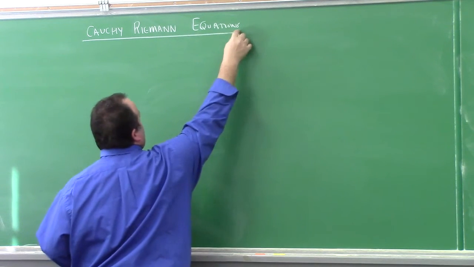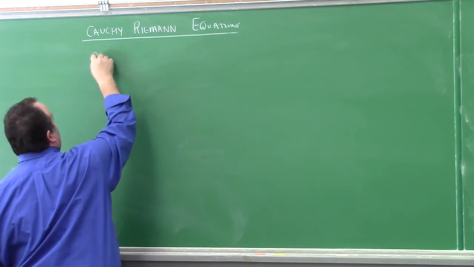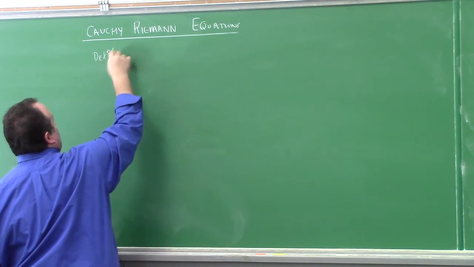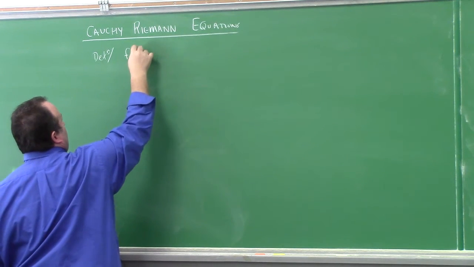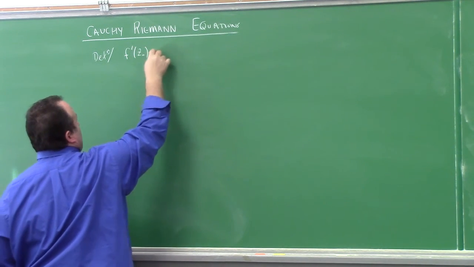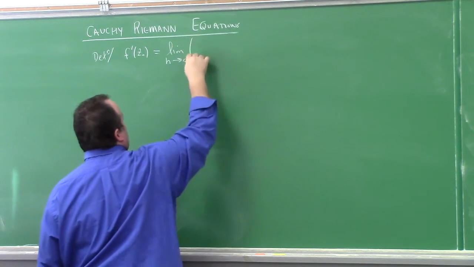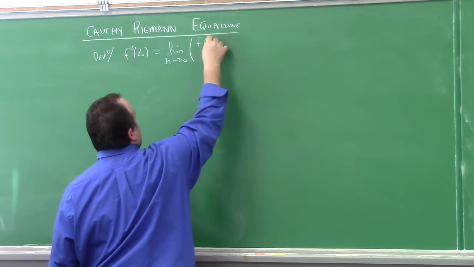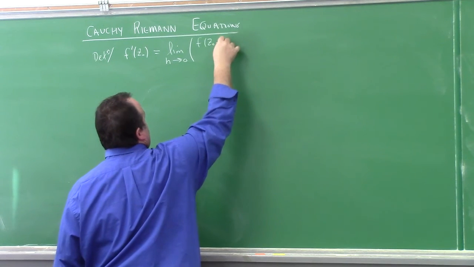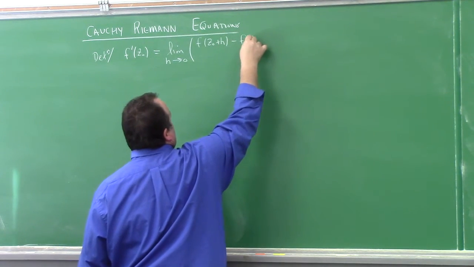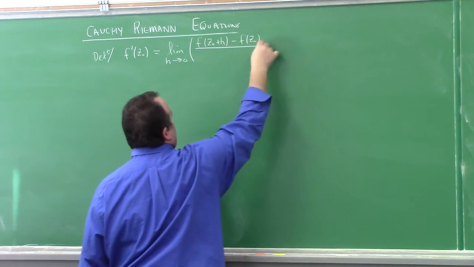So I'll tell you in a nutshell, like last time, we gave the definition, which was that f prime of z naught was the limit as h goes to 0 of f of z naught plus h minus f of z naught, all divided by h, right?